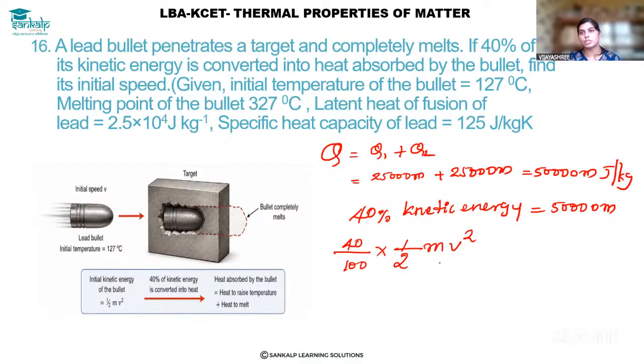Okay, m is mass, v means speed of the bullet alwa, which is equal to 50,000 into m ಆಯ್ತು ಅಲ್ವಾ.